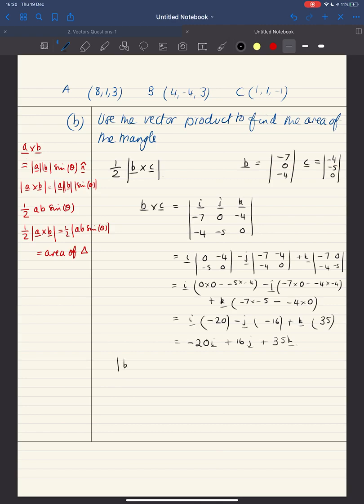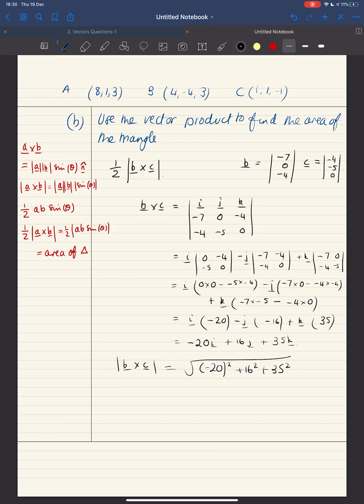And then the modulus of B cross C will be the square root of minus 20 squared plus 16 squared plus 35 squared, which I'm now going to do on my calculator. So it's 400 plus 16 squared plus 35 squared, which is 1881.